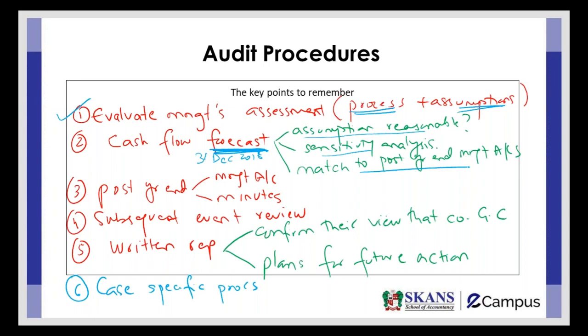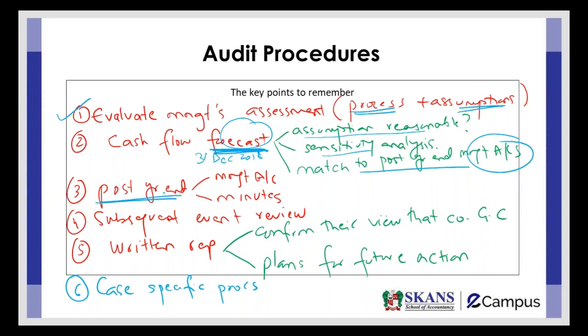So although the forecast is for December, the month of January has already gone by because I was doing the audit. So the forecast of January can be matched with the actual management accounts of January. So match the forecast to whatever latest management accounts are available.